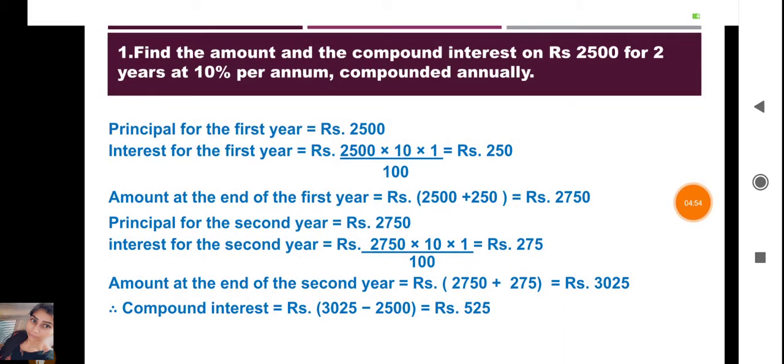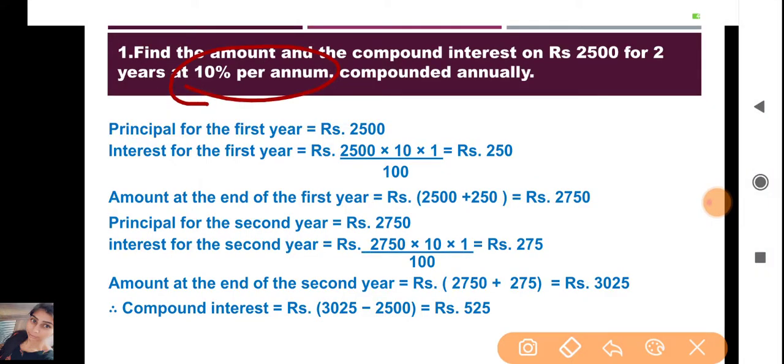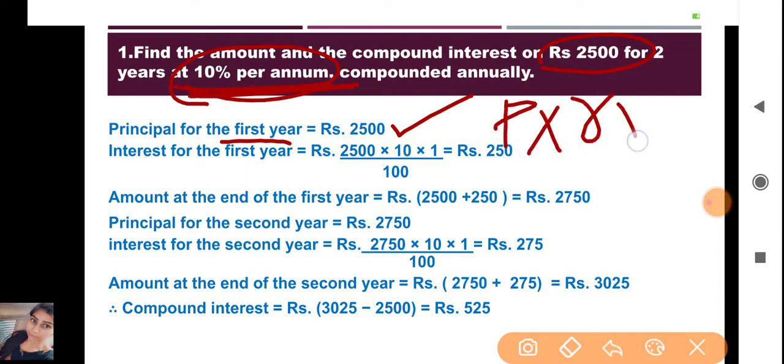At the rate of 10% per annum, meaning for every year the rate of interest is 10% per annum. So the principal for the first year is 2500, right? And 10% is the rate of interest. So we are going to find the interest for the first year. Interest for the first year means interest for only 1 year. So we are going to use the simple interest formula only, P into R into T by 100.